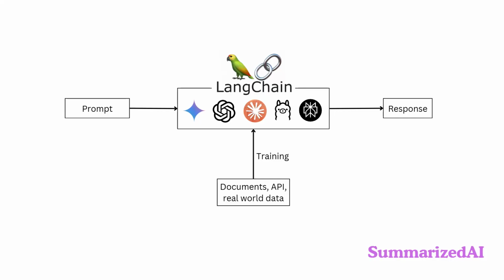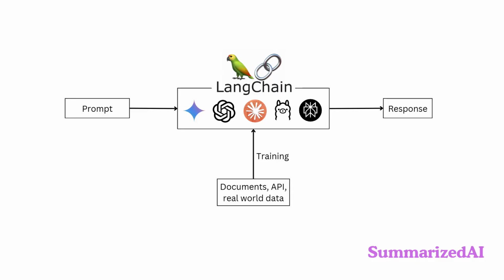But what if you want your AI to access your own data, search live information, or perform real actions like summarizing a document, analyzing a file, or let's say even calling an API? That's where LangChain comes in the picture.